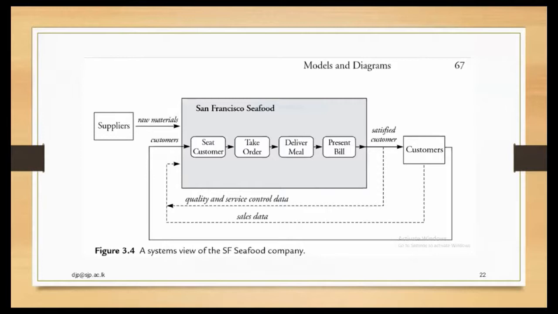This information can be received by us. So rather than this functional orientation, the horizontal system view of the organization would give us the information regarding our input, our process, and our output, as well as the information flows and the relationships we have with other stakeholders, right?